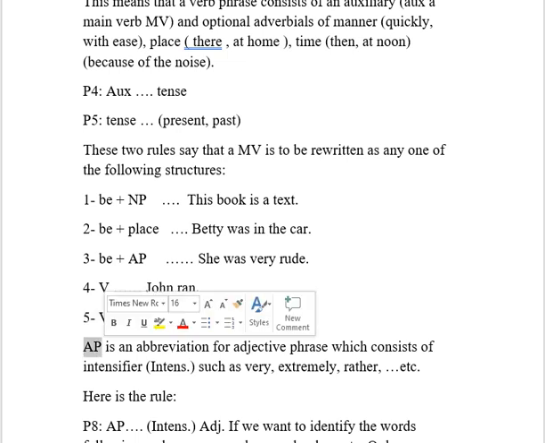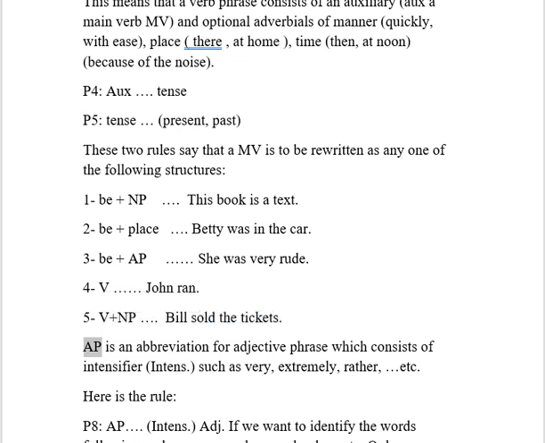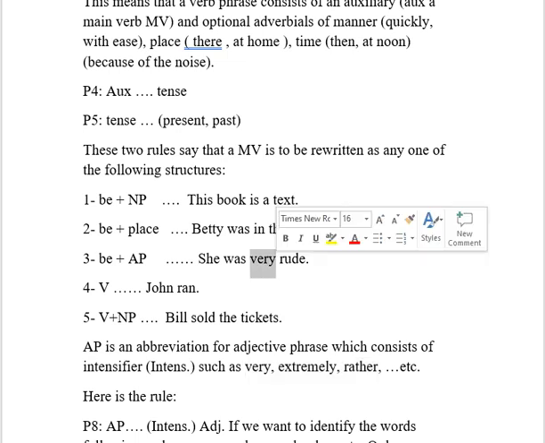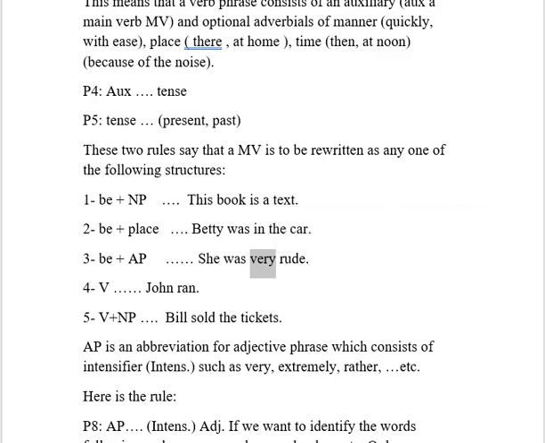AP means an abbreviation for adjective phrase, which consists of an intensifier such as very or extremely or rather, etc. As you see in this sentence, there is an intensifier before the adjective.